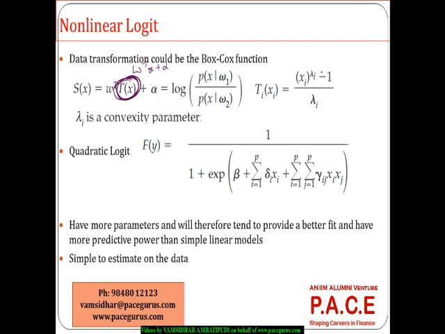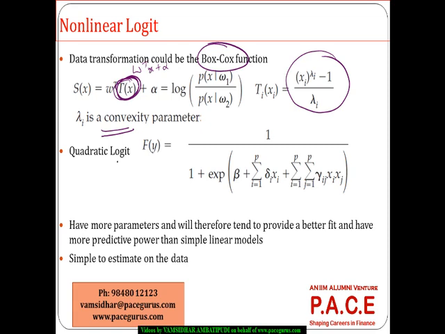And for T of X we are going with a non-linearity here, xi to the power lambda i minus 1 by lambda i, where lambda i is a convexity parameter. So there could be 2, 1.5, 1.8, 2.5, whatever it is. Based on this, we arrive at different kinds of transformations, and that is what we call the Box-Cox function.